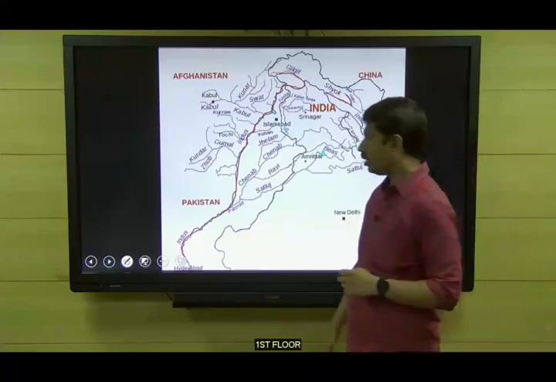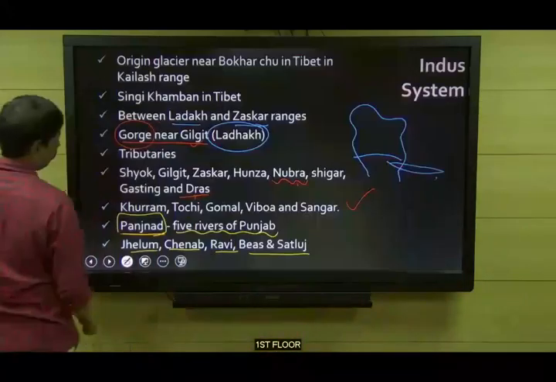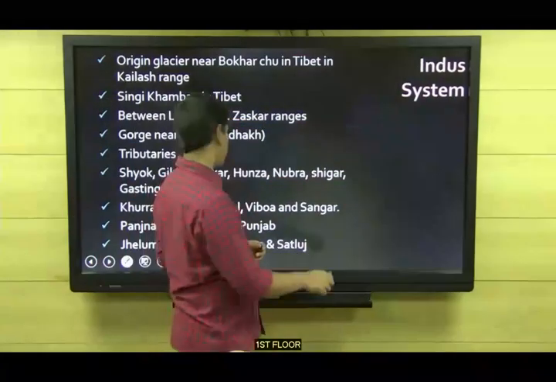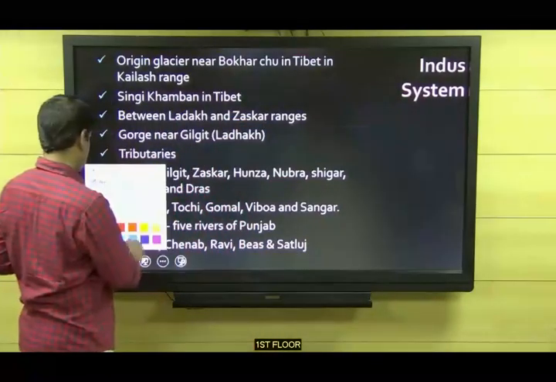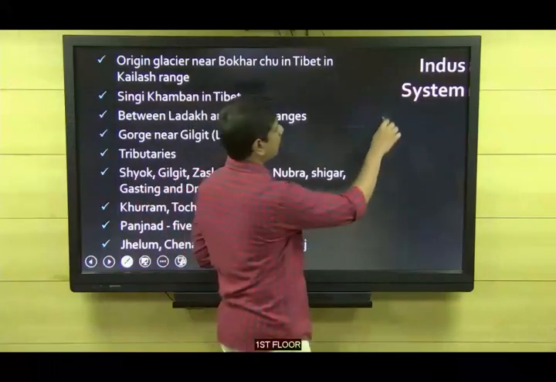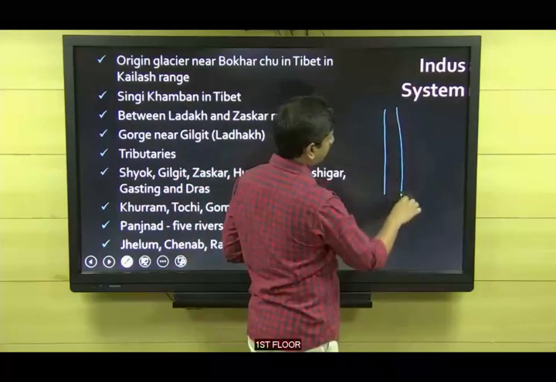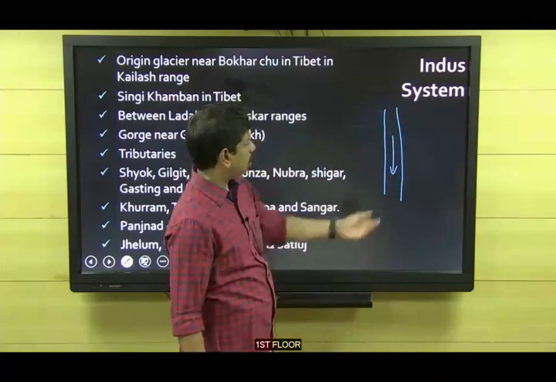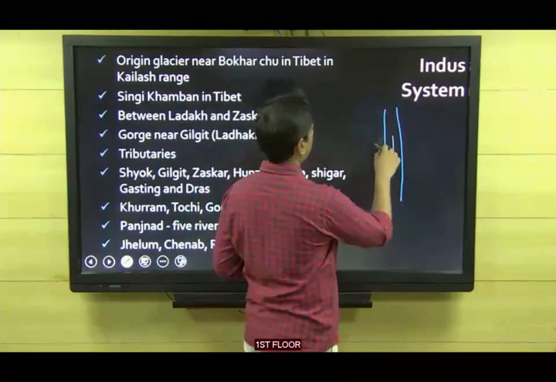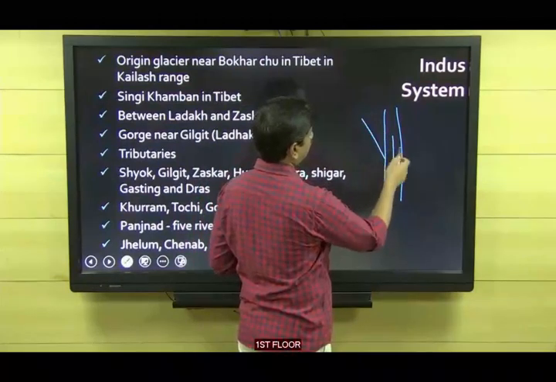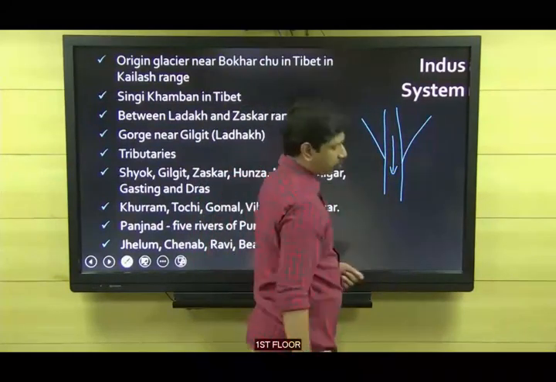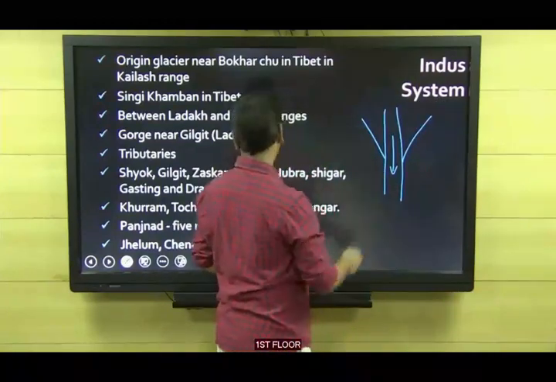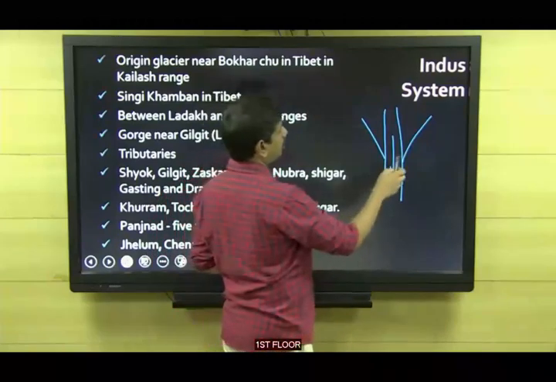Here itself I will tell you one thing. When you are dealing with a river, many of you might be knowing, but for those who may be new to the field, if the river flows like this, for the tributary which is joining, you have to stand along with the flow of the river, face the flow of the river and then identify the tributary.